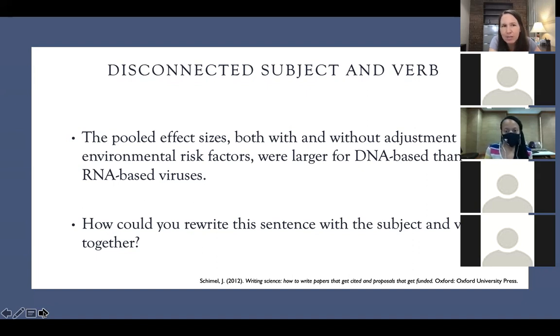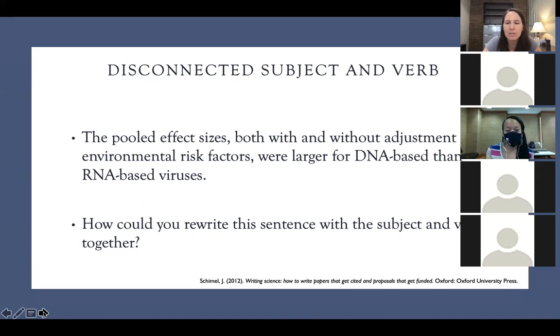The reason is because we have this topic started, the pooled effect sizes, and then we have this added clause, both with and without adjustment for environmental risk factors. And then we have "were larger." By the time you get to "were larger," your reader is likely going to forget what the topic of the sentence is.